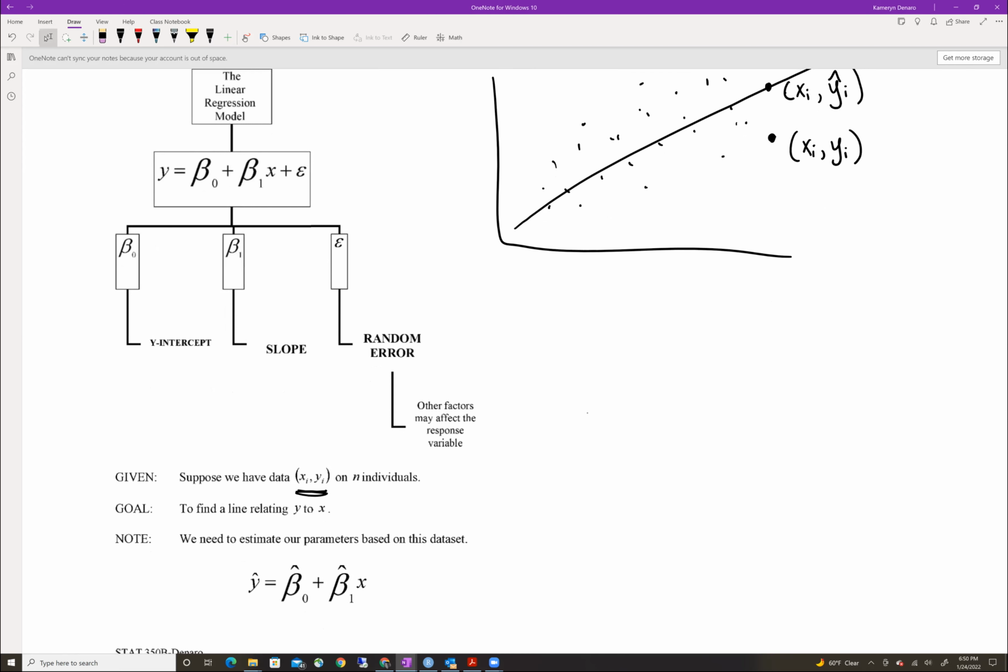So y hat is our prediction. Beta 0 hat is the estimated y-intercept, and beta 1 hat is the estimated slope. Once we put those hats on, there's no longer an epsilon. And this becomes our prediction line.